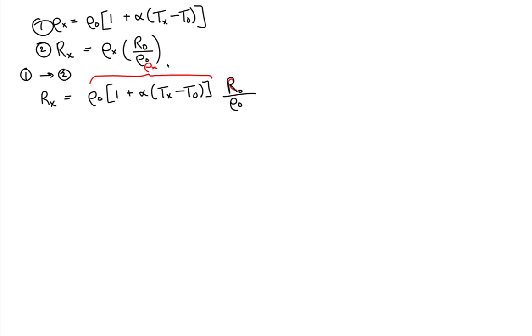Notice that the resistivity at our reference temperature cancels because it's in the numerator and the denominator. And this gives us our resistance in our furnace over our reference resistance is equal to 1 plus alpha times the temperature difference between our furnace and our reference temperature.